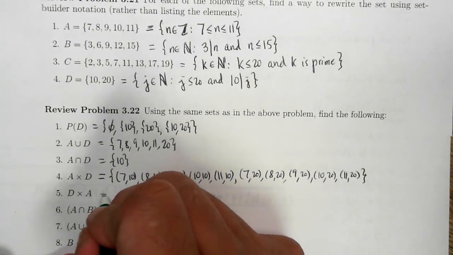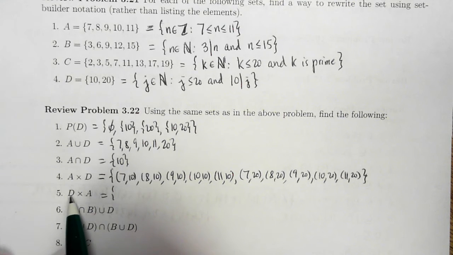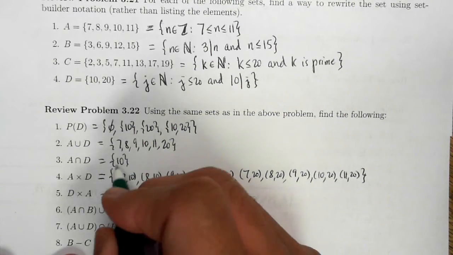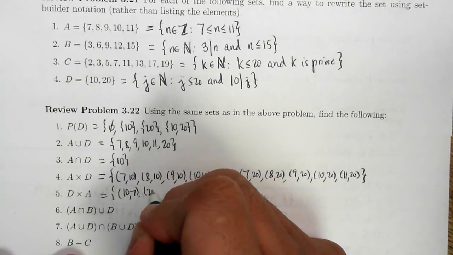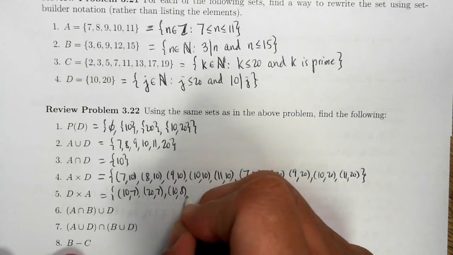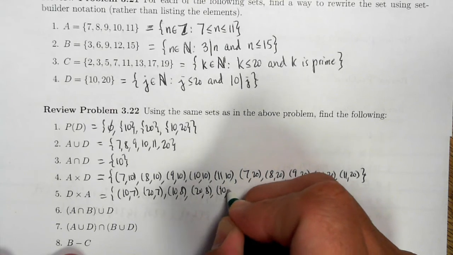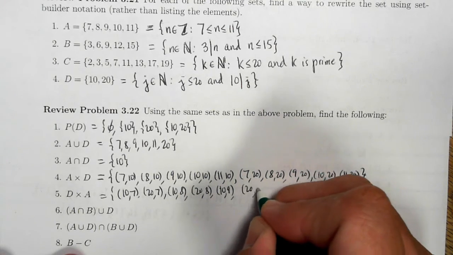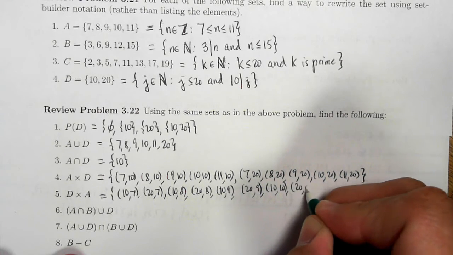D cross A, well, it's going to look an awful lot like this, except that the roles will be reversed. The first number comes from D, and the second number comes from A. So (10, 7), (20, 7). That's the first 2. Then (10, 8), (20, 8), (10, 9), (20, 9), (10, 10), (20, 10).